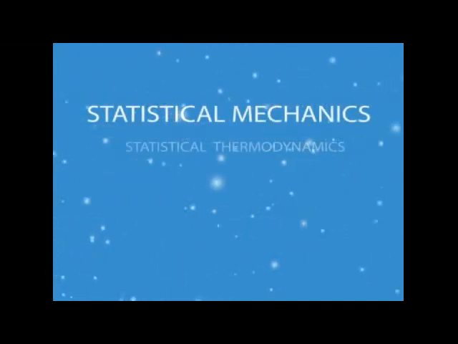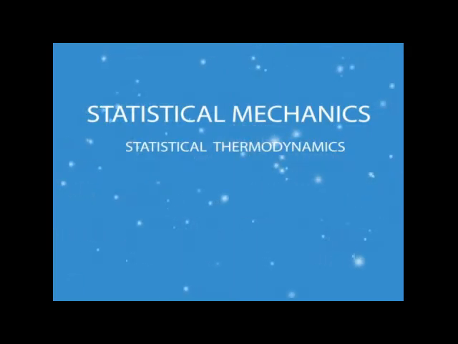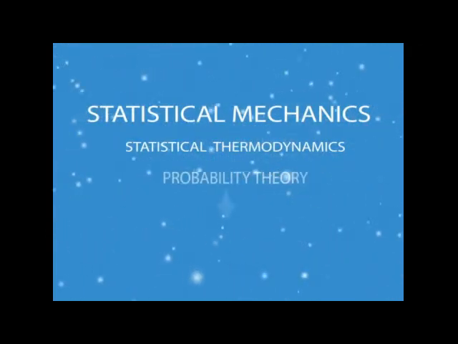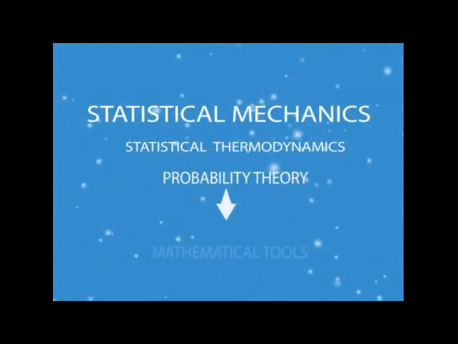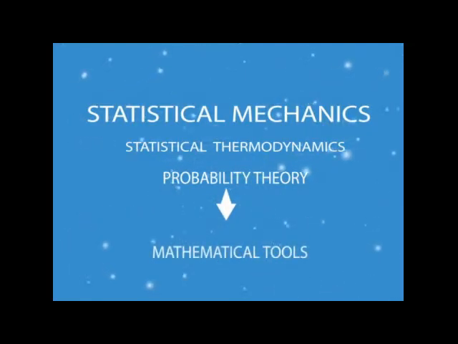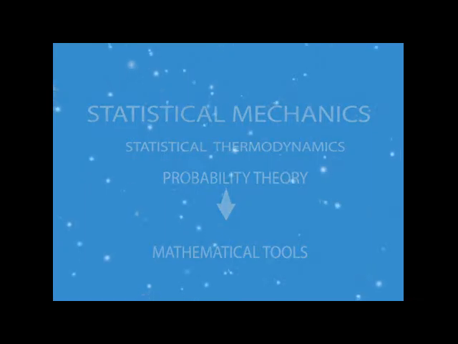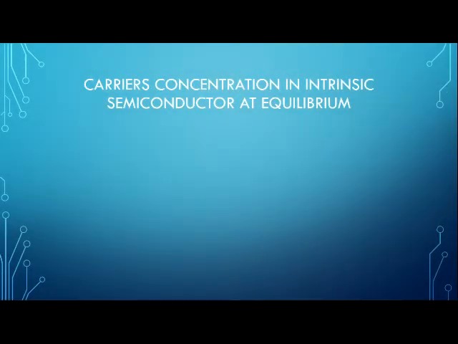Now just have a look at the statistical physics of semiconductors. Statistical mechanics or statistical thermodynamics is a branch of physics that deals with probability theory, which contains mathematical tools for dealing with a large population to study the thermodynamic behavior of a system composed of a large number of particles at equilibrium.